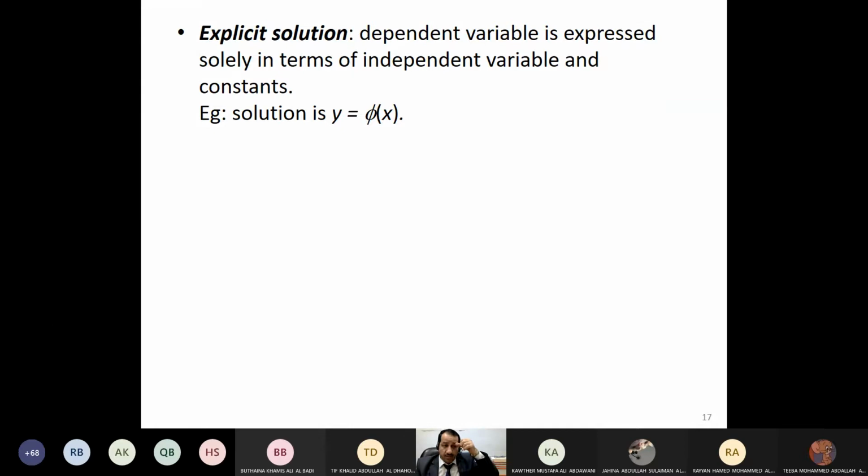Okay, so when we say differential equations, we're talking about dy over dx equal, let me say, function of x, whatever the function there to the right. This is ordinary differential equation.